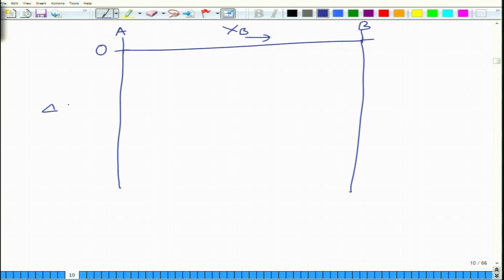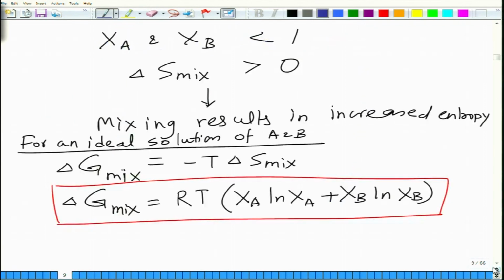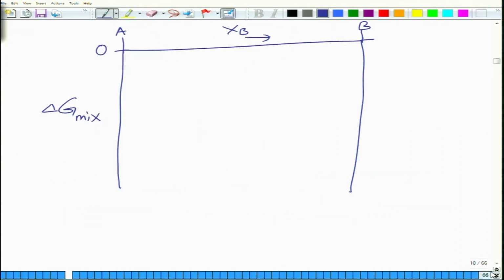If you plot delta G mixing as a function of Xa and Xb, you can see that delta G mixing for Xa equal to 1 is 0, and it is also 0 for Xb equal to 1. Actually, it is not going to exactly touch 0, it will be asymptotic, because the gradient will not be equal to 0. But basically for a schematic it will be something like that.